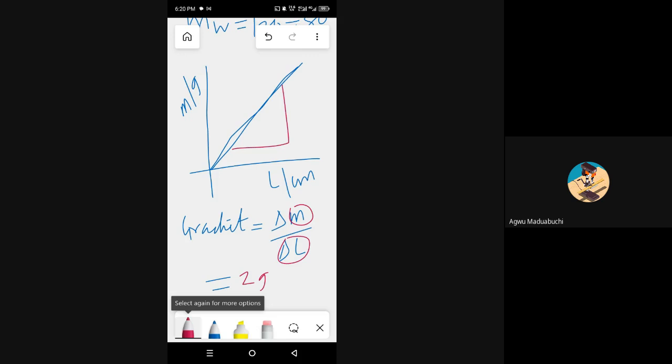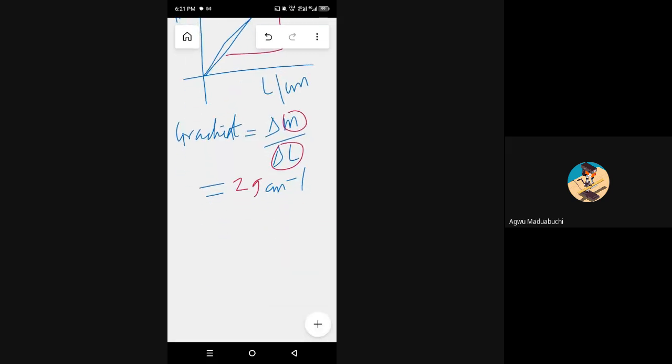So what will be the unit of the slope? Grams and centimeter. Very good. Gram per centimeter. So gram per centimeter, is it an SI base unit?